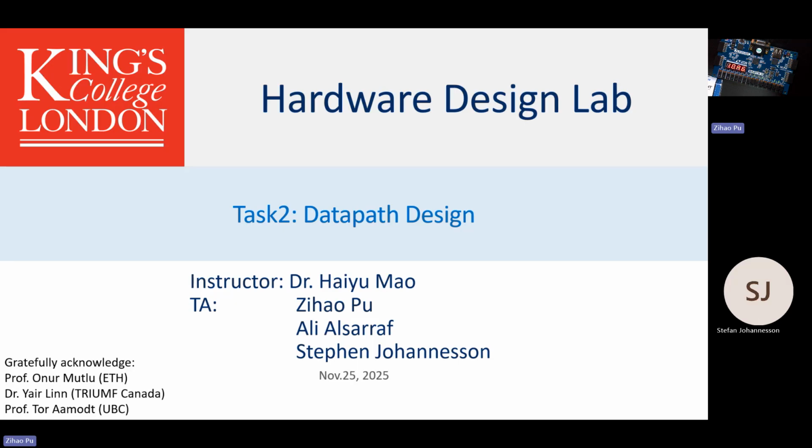Task 2 is about Datapath design. I think in the lecture Haiyu has already told you about the Datapath and single cycle CPU design. We are not as far as that. For this task, it's just a simple Datapath with your ALU and shifters.